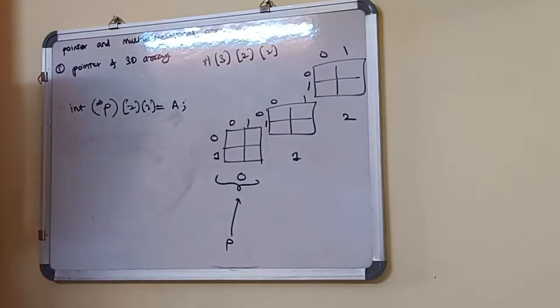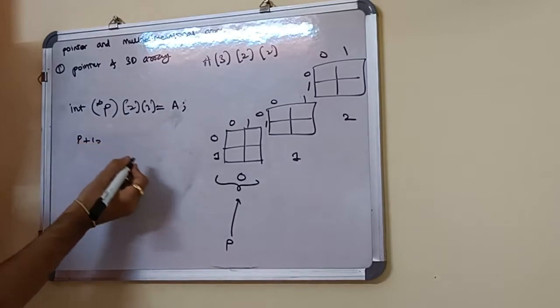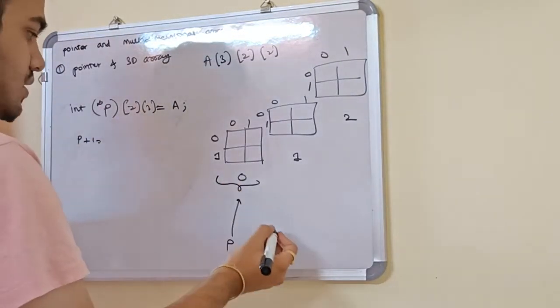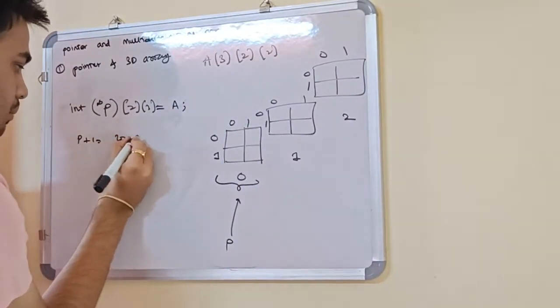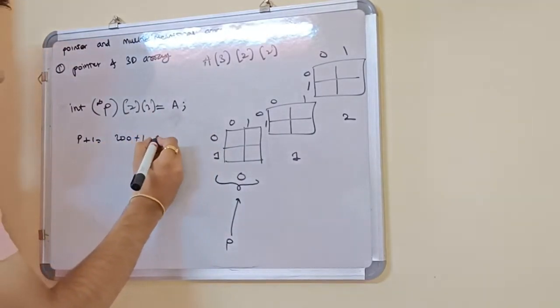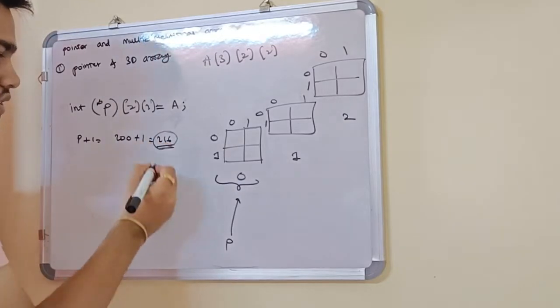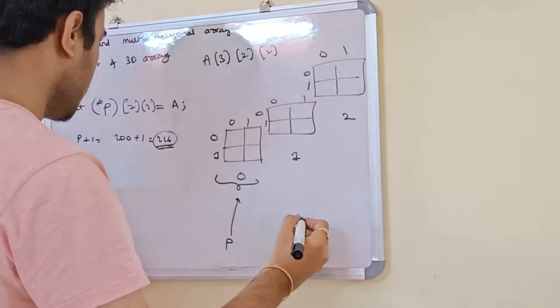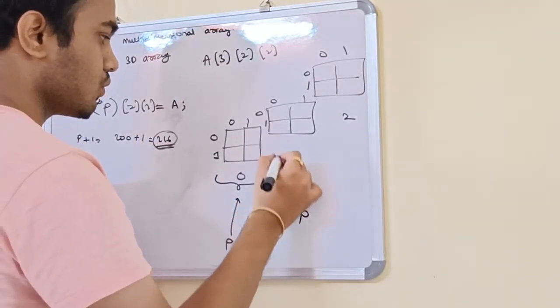Now if I do p plus 1, where p's first address is 200, then 200 plus 1, where 1 indicates 2 by 2, that is 4 integers, so 16 bytes, gives 216. So now p will point to the next block.